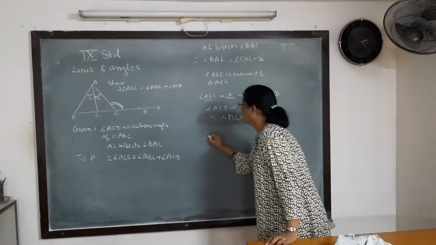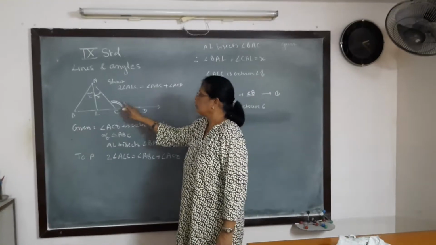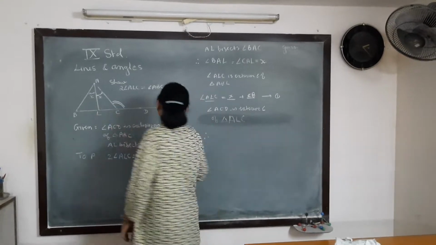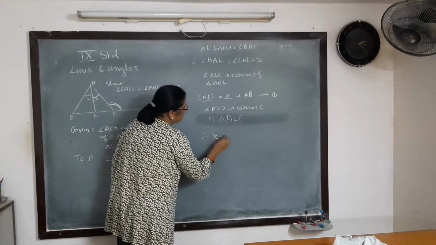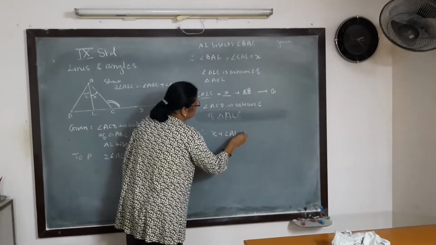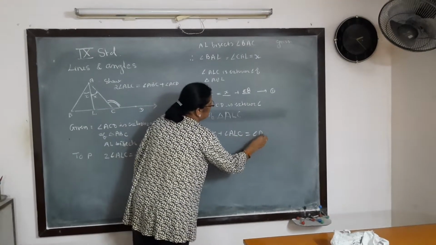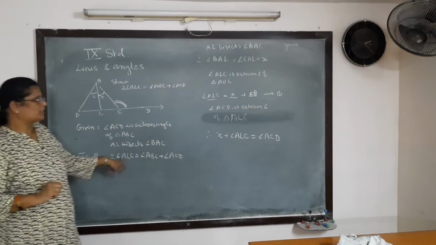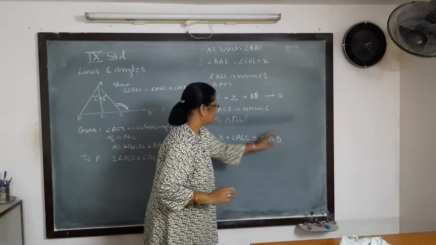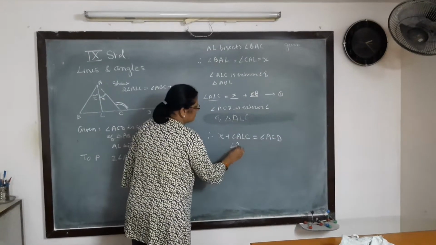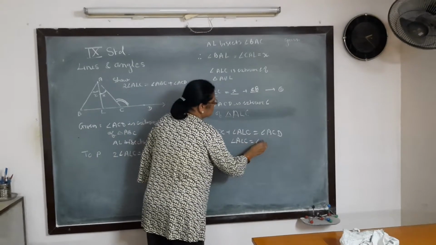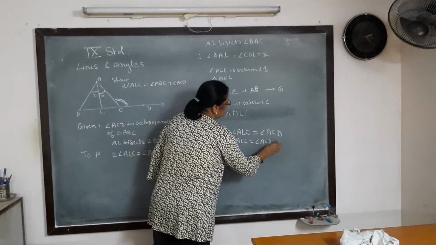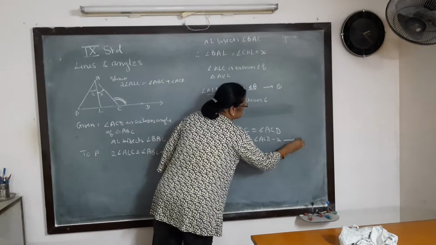Therefore, this angle ACD is equal to x plus ALC. So x plus angle ALC is equal to the exterior angle ACD. Since I need ALC two times, I will carry x to the other side. I will get angle ALC is equal to angle ACD minus x. I am calling it number 2.